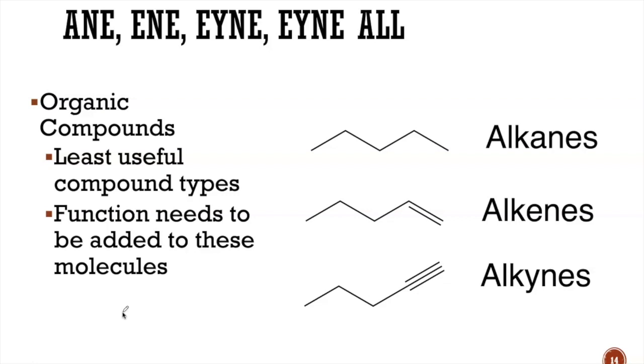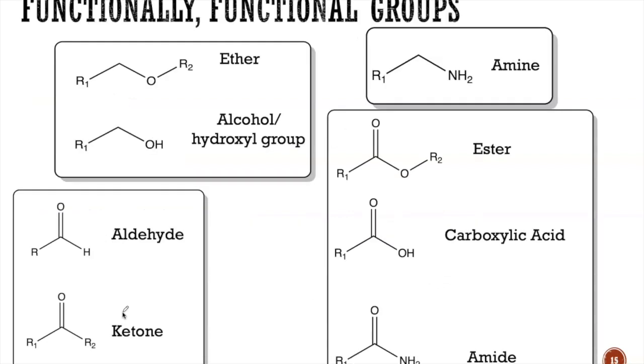So they're the least useful to any sort of biological living system, and they require function in order to be useful to biological systems. So we say they require functionalization. This is where the name functional group comes from, because it gives the molecule a purpose and a direction, particularly in biological systems.